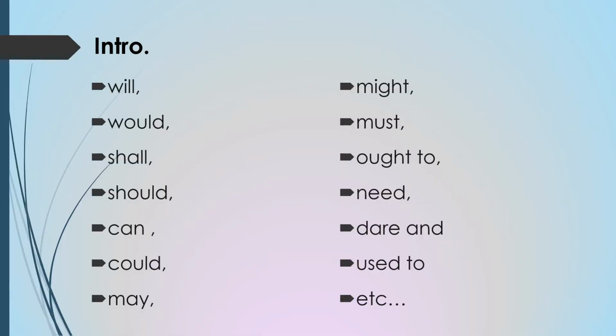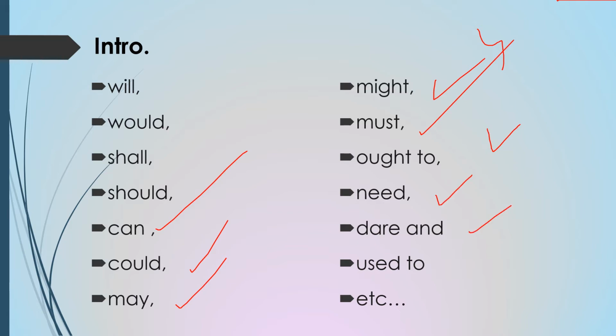Yes, these are our modals. So will, would, shall, should, can, could, may, might, must, ought to, need, dare, and used to. So forget about need, dare, used to, etc. That means we have more as well.